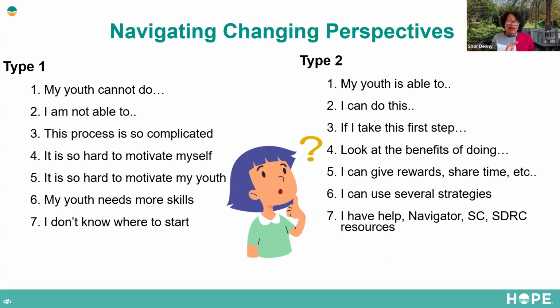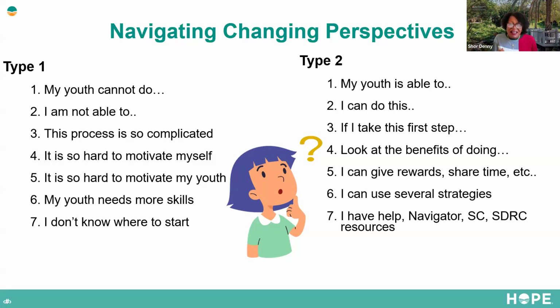But with type 2 thinking, we go to, my youth can't do that, but my youth is able to do this, right? I'm not able to do it, but I could do this. But it's hard, I can't motivate my youth or even myself. I'm so overwhelmed. I'm just trying to say with this type 1, type 2, that initially we hit a brick wall.